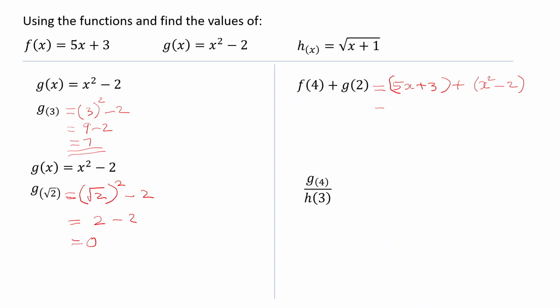Wherever x is there, need to put the value 4. So 5 times 4 plus 3, plus g(2). Wherever x is there, put 2, then square it, minus 2.